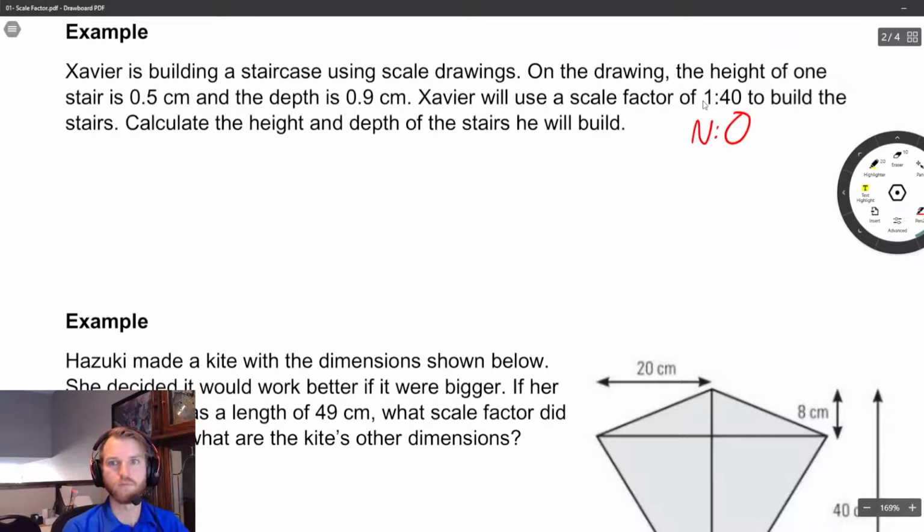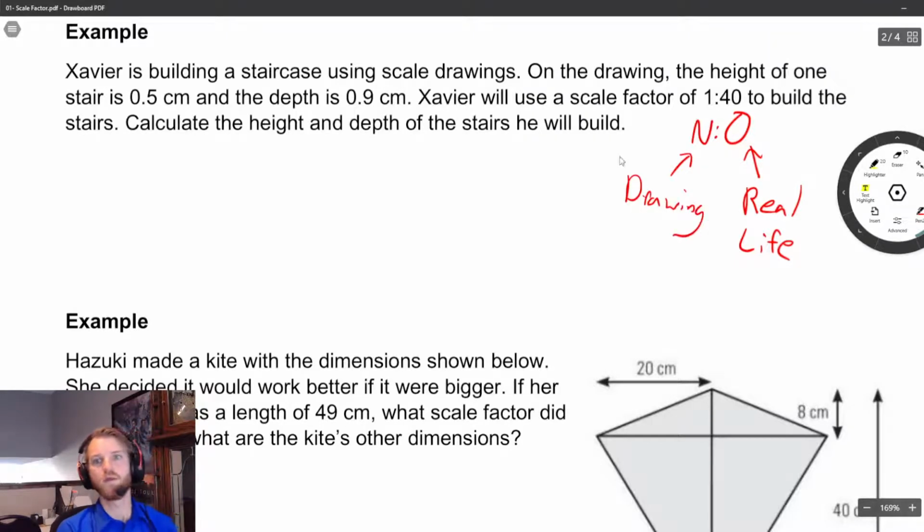So my new is 1, and my original is 40. And what I talked about at the beginning is that the original is always your real life version. So in this case, our new is our blueprint, our scale drawing. I'll call this one drawing.